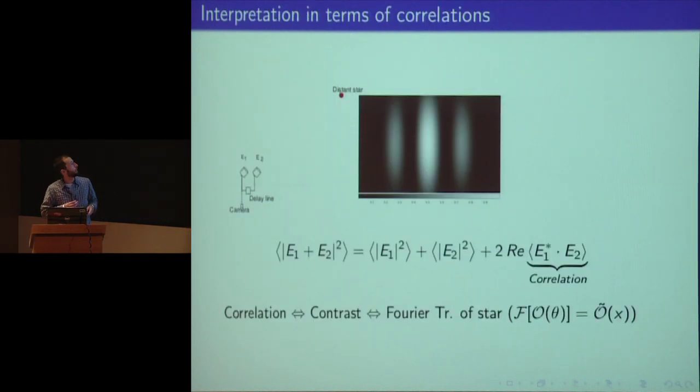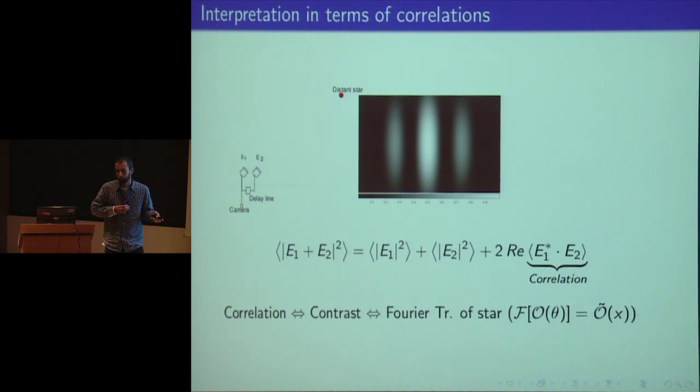Let me show you this example. I'm back to my two aperture interferometer, and in this example I'm observing a uniform disk-like star.